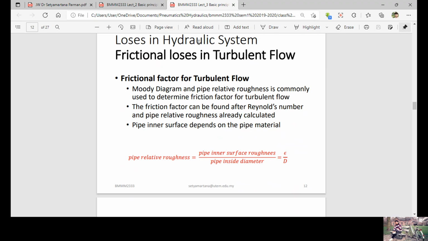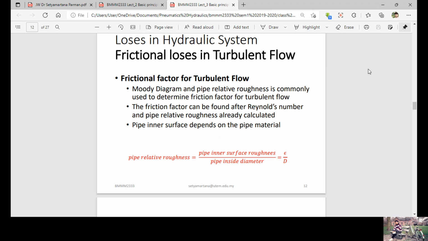And then we see the losses in the hydraulic system, that is frictional losses in turbulent flow. We have the friction factor for turbulent flow. The Moody diagram and pipe relative roughness are commonly used to determine the friction factor for turbulent flow.